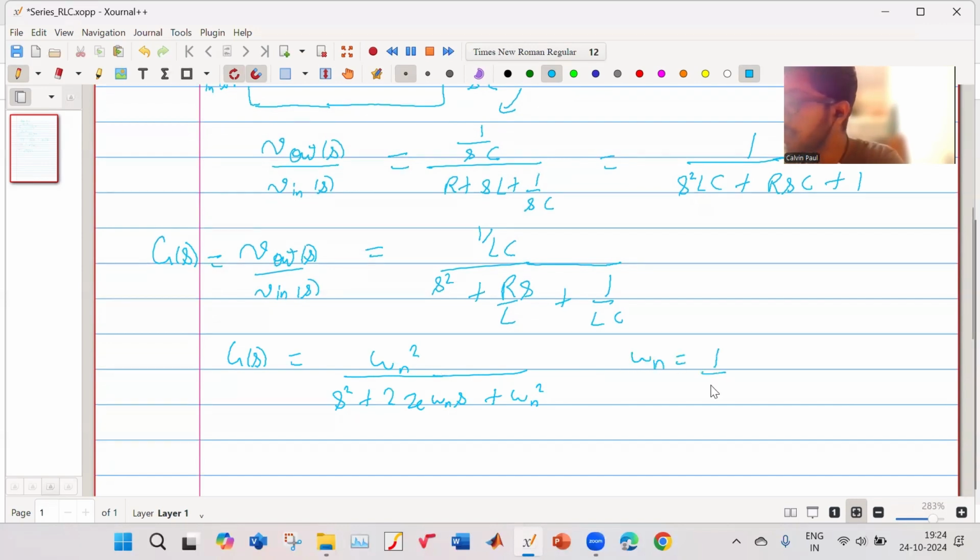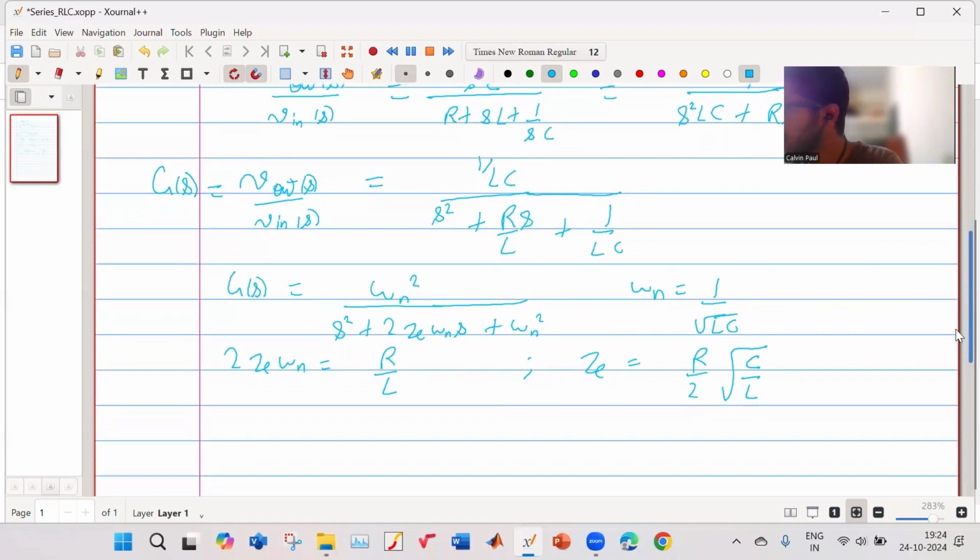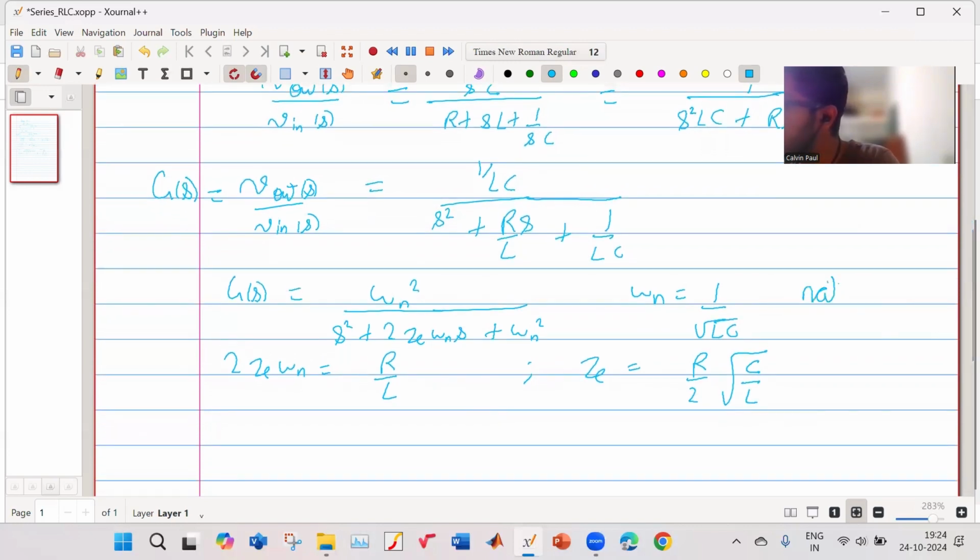Omega n is equal to 1 by root LC, and 2 zeta omega n is equal to R by L. When we substitute the value of omega n, we get zeta is equal to R by 2 root C by L. Now omega n is known as the natural frequency of the system, and zeta is known as the damping present in the system.